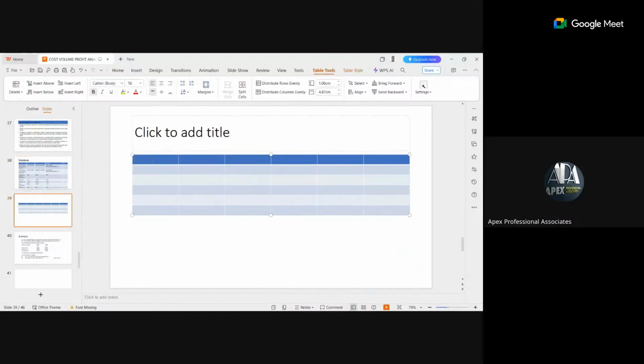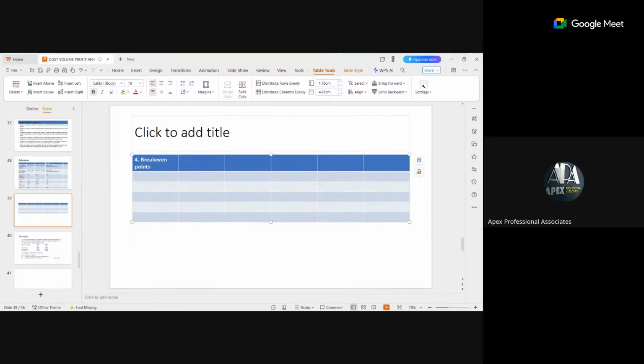Four: break-even point for both products.